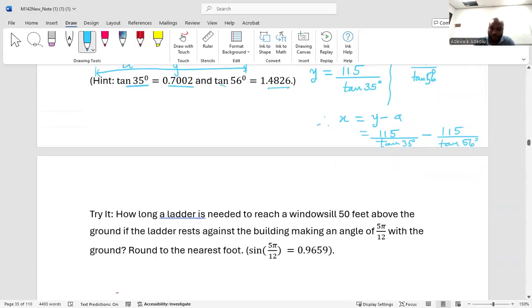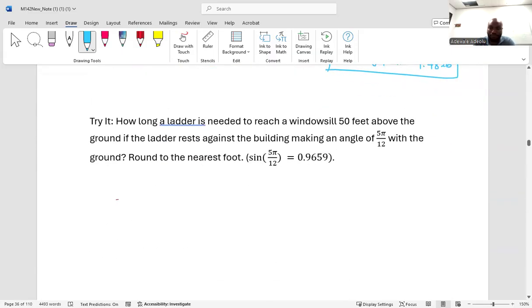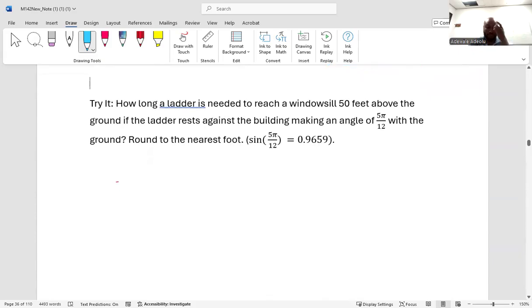Again, I will leave you with this problem to solve. How long a ladder is needed to reach a window sill 50 feet above the ground? That window sill is 50 feet above the ground.